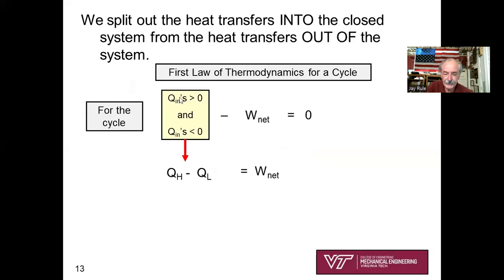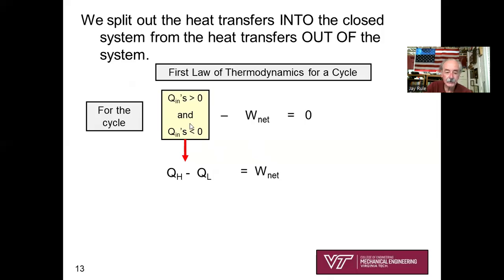The heat transfers from my calculations that were positive, I'm going to add all those up, and I'm going to call those QH. And all of the heat transfers, Qns, that turned out to be negative numbers, I'm just going to add those up, and I'm going to call those QL with the minus sign to reflect that I got a negative number.